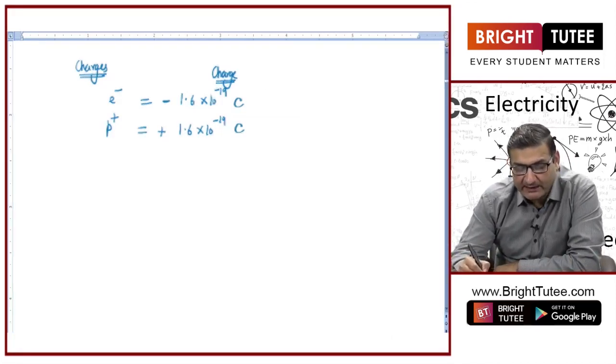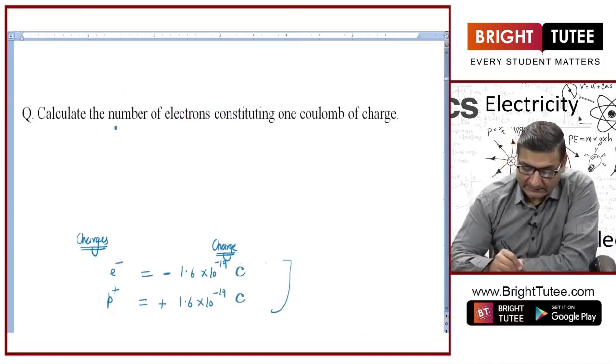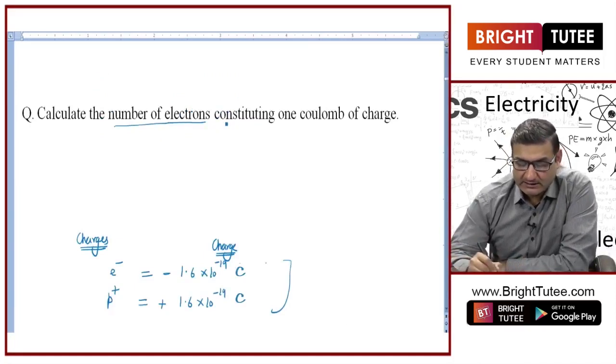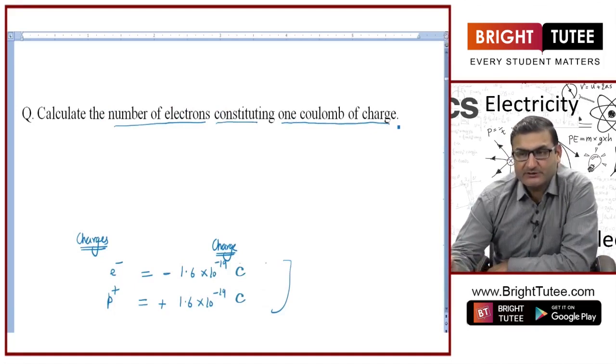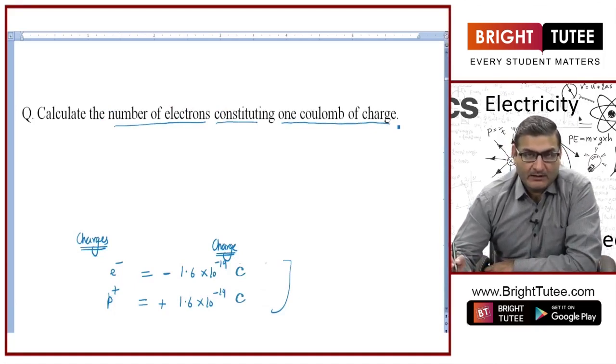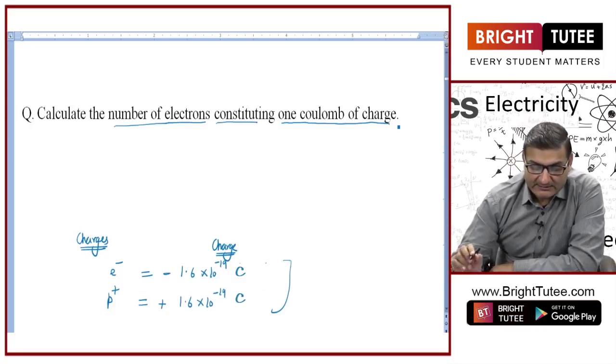Keeping this in mind, we will be attempting our first numerical, and that first numerical asks us to calculate the number of electrons constituting 1 Coulomb of charge. Now, what we are required to calculate, first of all, try to relate that.